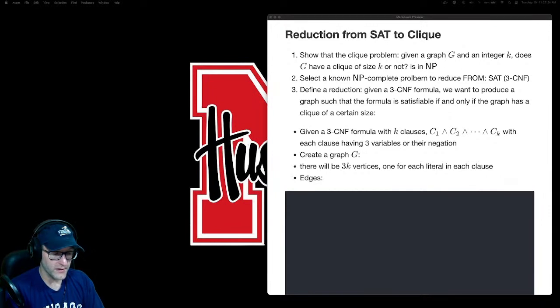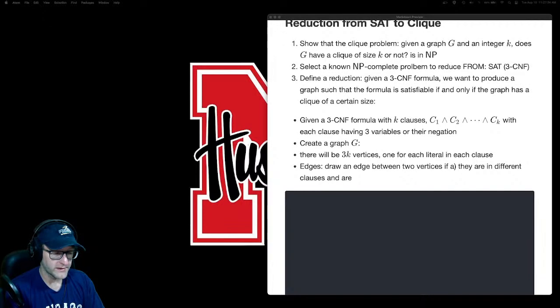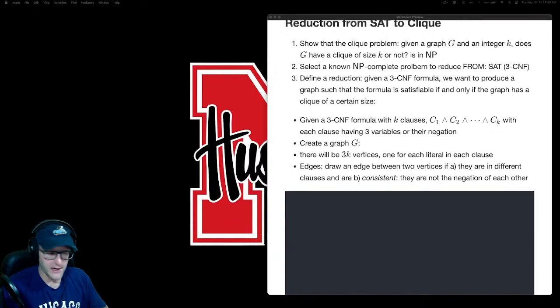We'll draw an edge between 2 vertices if (a) they are in different clauses and (b) consistent. Consistent means that they are not the negation of each other. Right? So those are our 2 conditions, A and B.